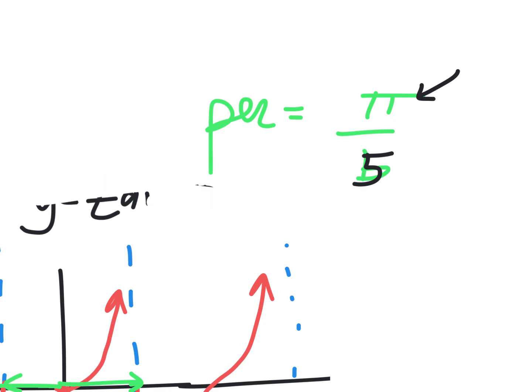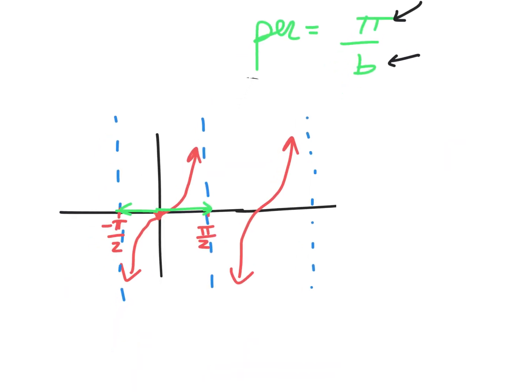Okay, so what's the period of tangent? It's pi. If you want to change it, you change the b term, and then you divide by that. Okay, that's tangent.